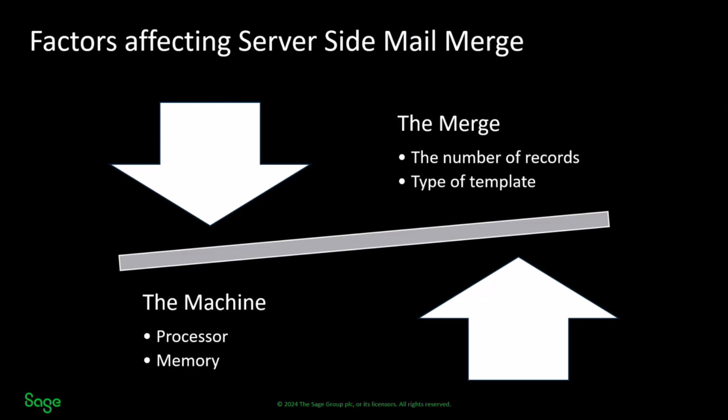Your machine is also a factor in how we can get a good experience of the mail merge. The more RAM that's available on the machine, the faster the merge will take place, and the processor as well also has an implication.